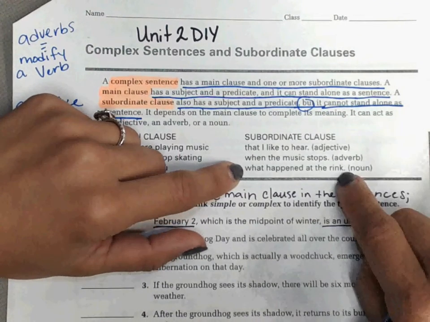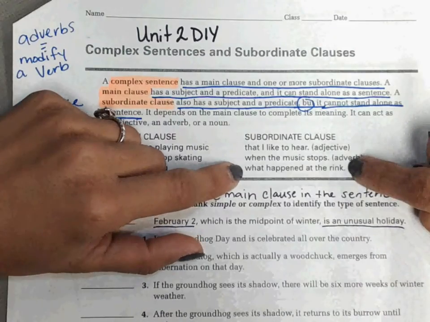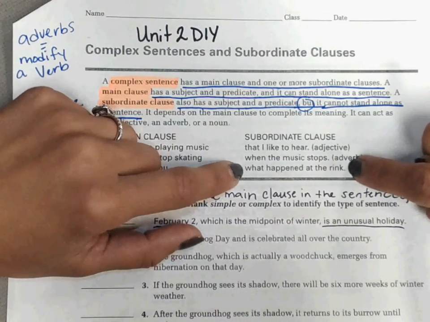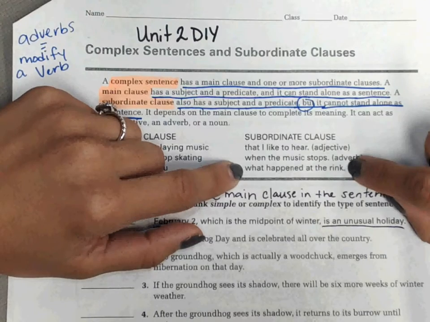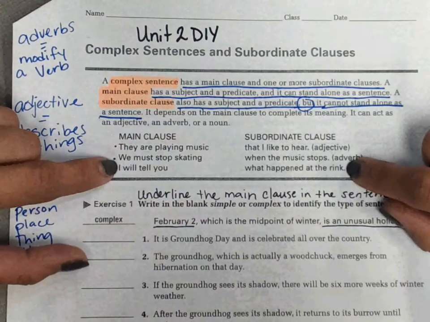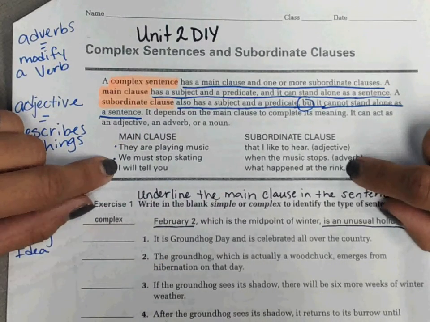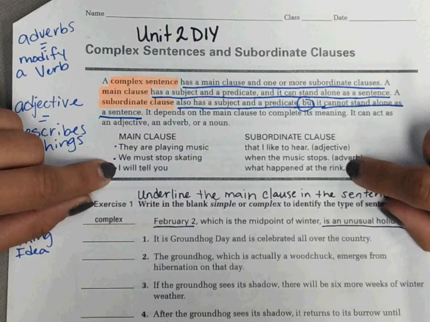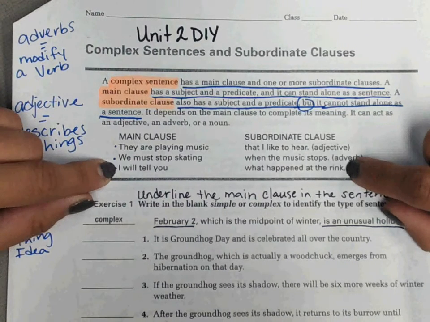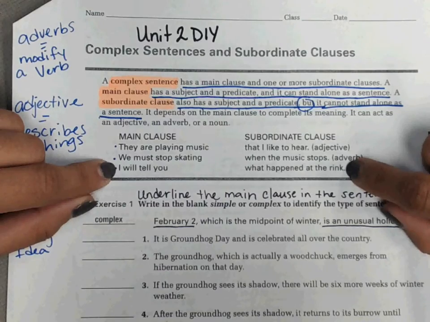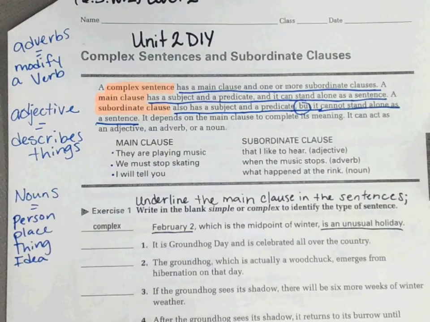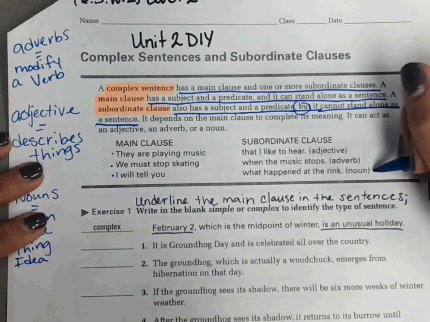Since it isn't asking a question, it's stating something, we need additional information for it to make sense. So altogether, with the main clause, it makes sense. I will tell you what happened at the rink. And since it's talking about a place, it's a noun.